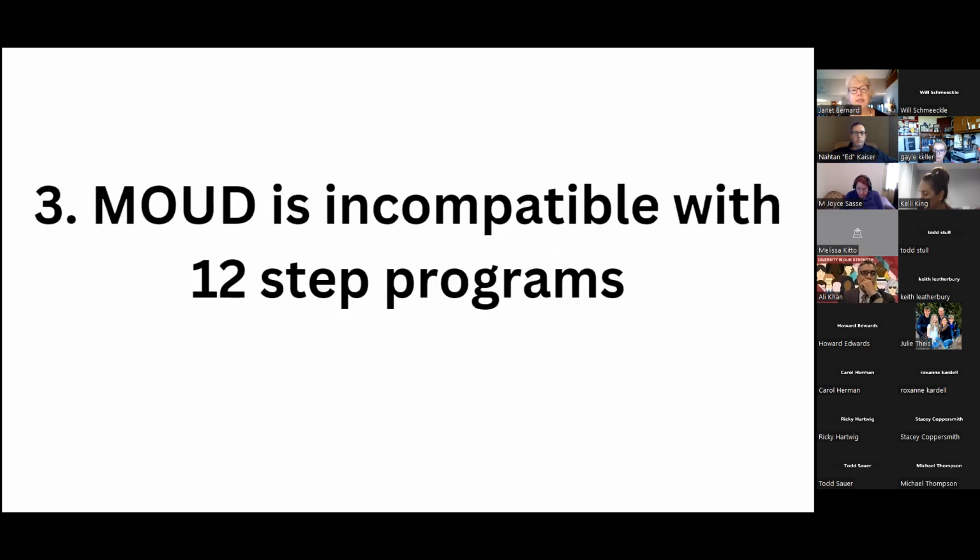Misconception number three, it's incompatible with 12-step programs. That is not true. However, you do have to be careful. Sometimes the 12-step community is embracing it more, but it's certainly not uniform. And I want people to be involved in 12-step programs because I think they're very powerful.